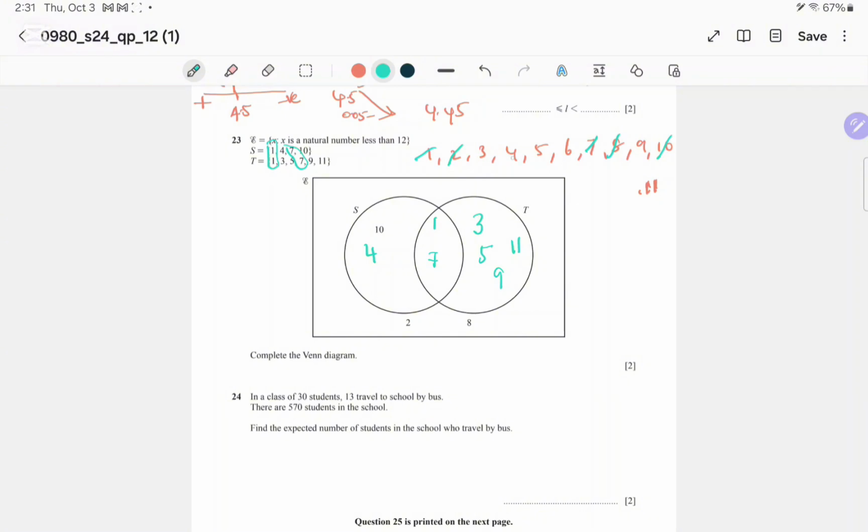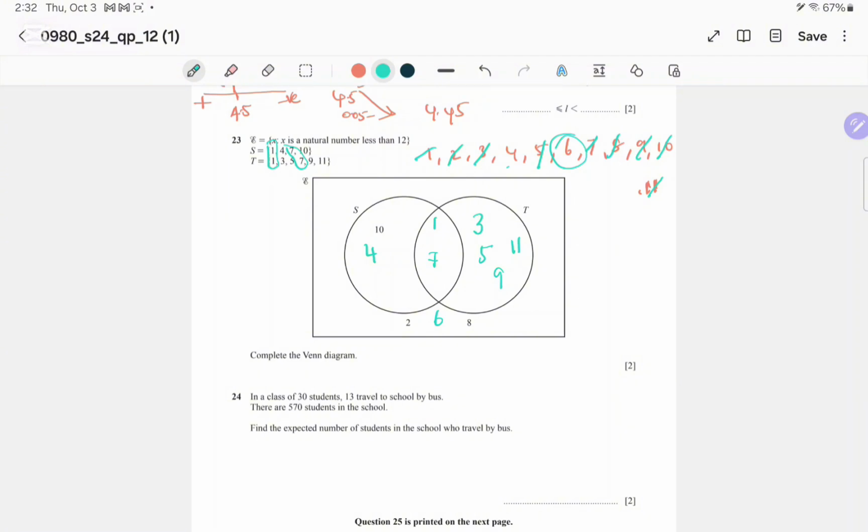So what is the remaining number? See, I have written 3, 5, 9, 11 and 4 is also written. The only one number that is missing is 6. So write it here. Okay, this is the answer for this question. In the common points we have written here and the remaining parts we have as given in S and T we have written. The one number that is missing, we have written in the outer part.